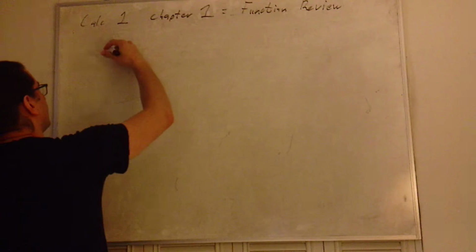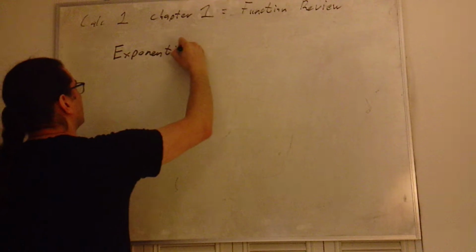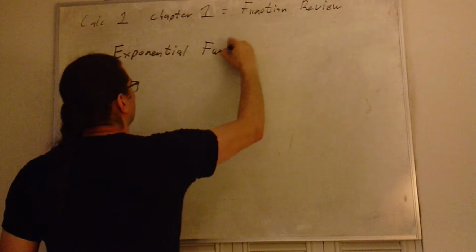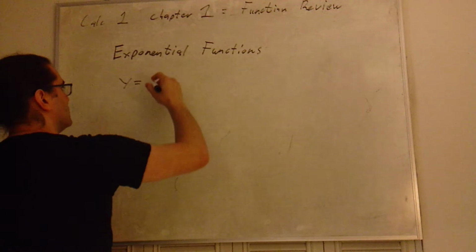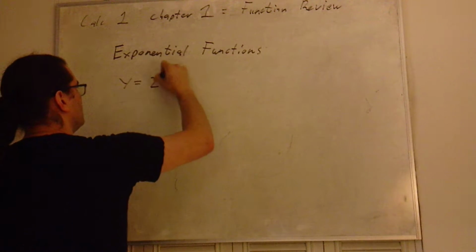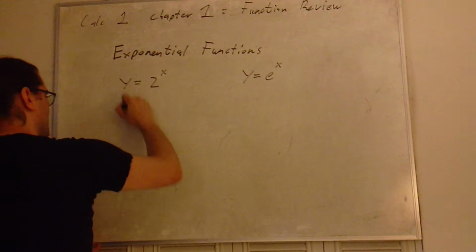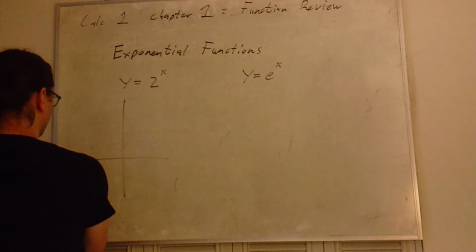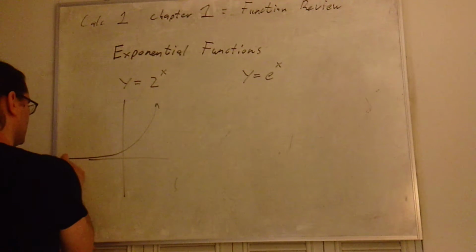Alright, next up we have exponential functions. Those guys look like y equals 2 to the x, or y equals e to the x. Exponential functions typically have a horizontal asymptote in the back end.